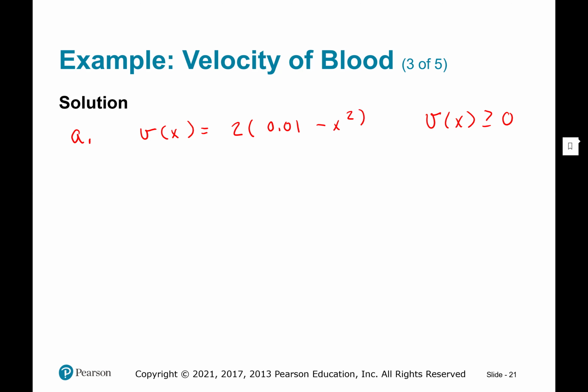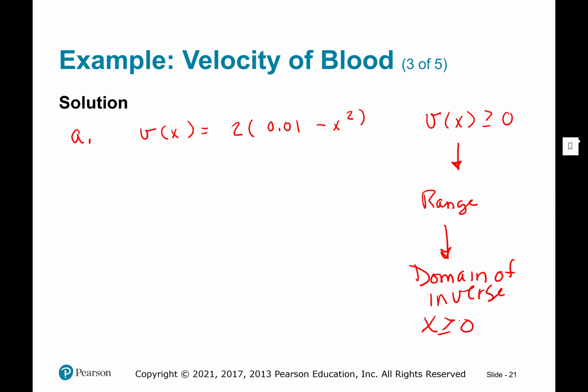So since this is the range of my function, that the velocity has to be greater than or equal to 0, that is going to be the domain of my inverse. So in this case, x would have to be greater than or equal to 0, which makes sense.